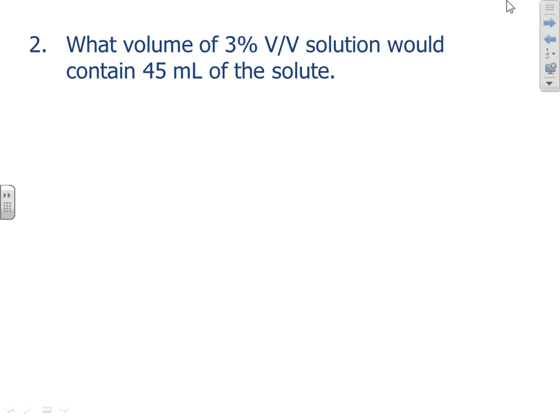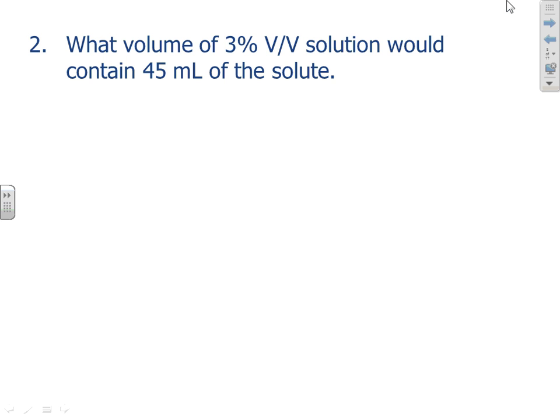You can imagine as if we have two solutions here. We've got one that defines the percentage out of 100, and then we've got this other solution that has 45 milliliters of the solute, and I want to figure out what volume of the solution I would have. So again, just generate a ratio. 3% V/V.